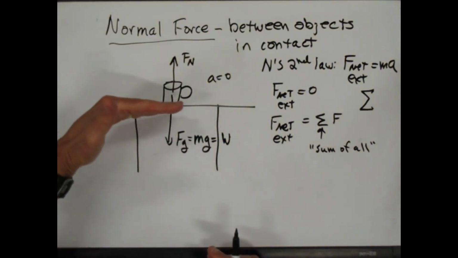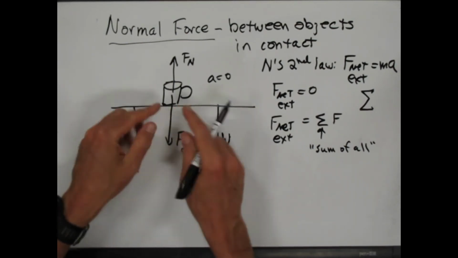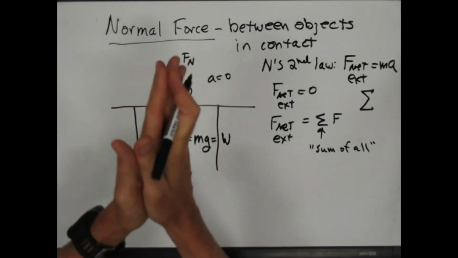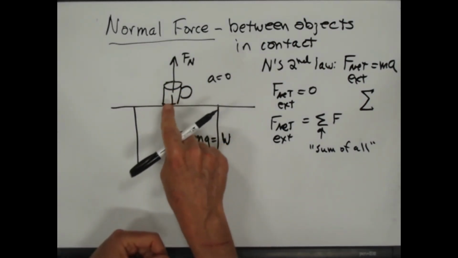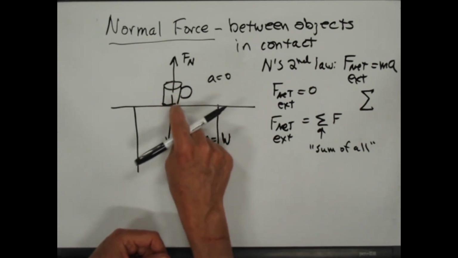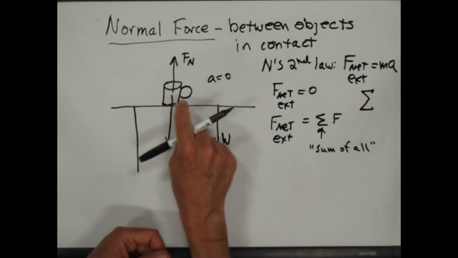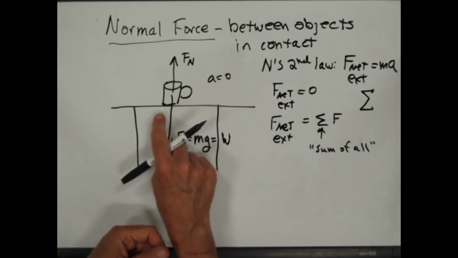Technically, like I said, it's actually the component of the contact force. The contact force is a force between two objects that are touching, right? It's the component of that that's perpendicular to the surface. The component of the contact force that's parallel to the surface is called friction, and you know that one already. We'll talk about that some as we go.